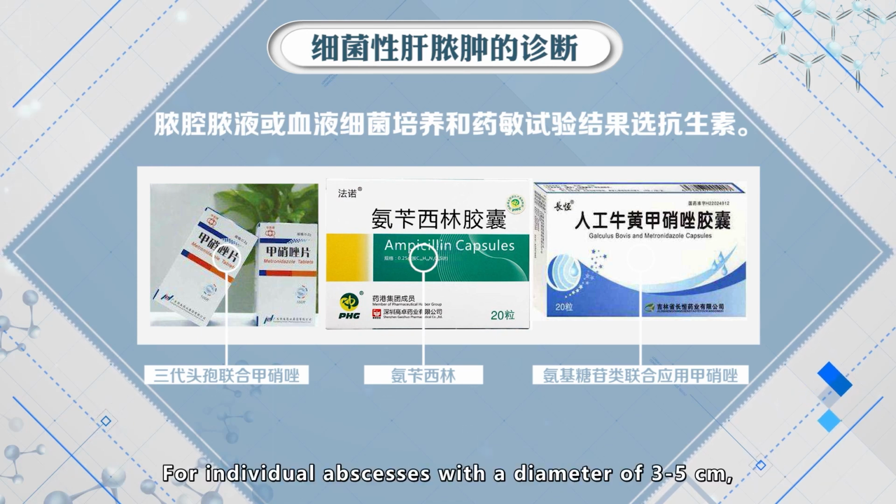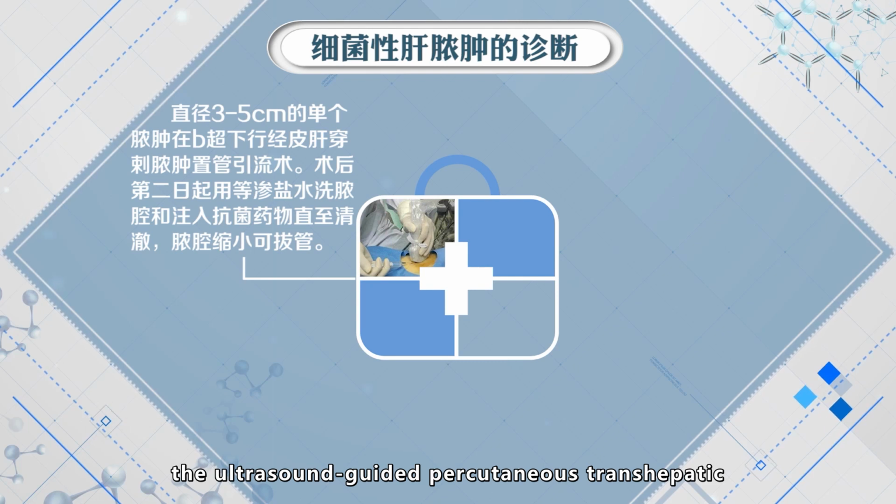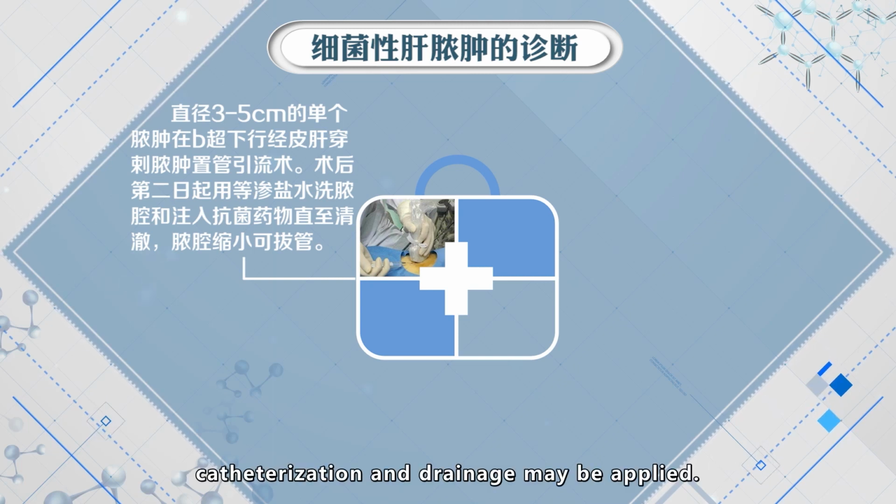For individual abscesses with a diameter of over 3.5 cm, ultrasound-guided percutaneous transhepatic catheterization and drainage may be applied.